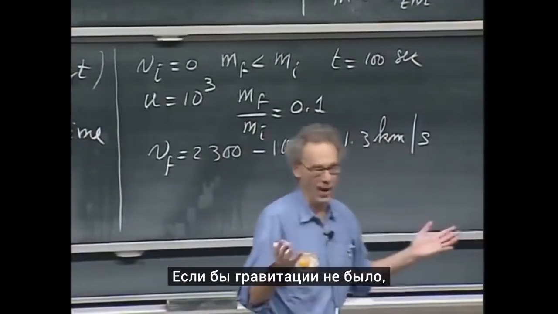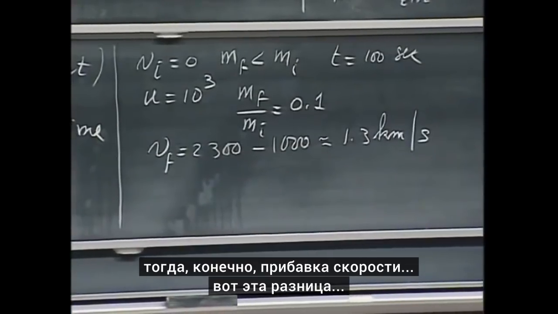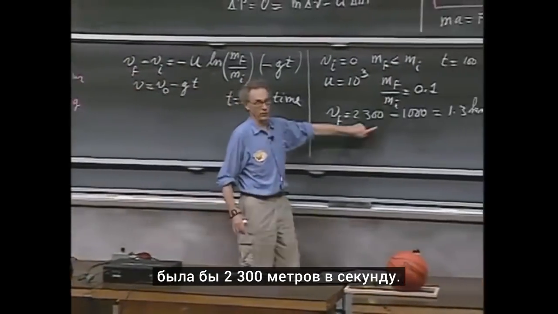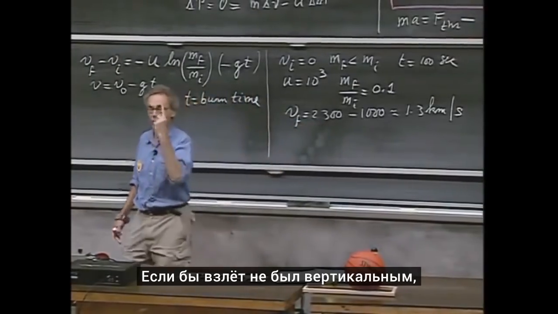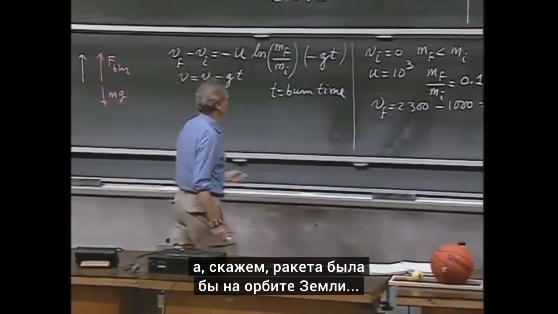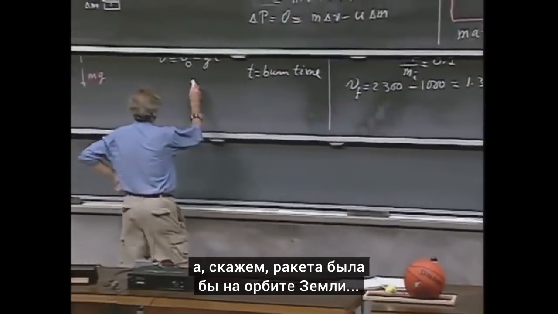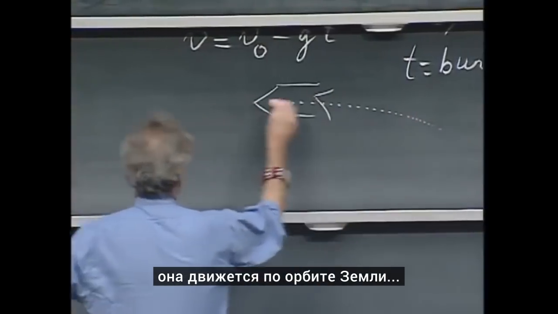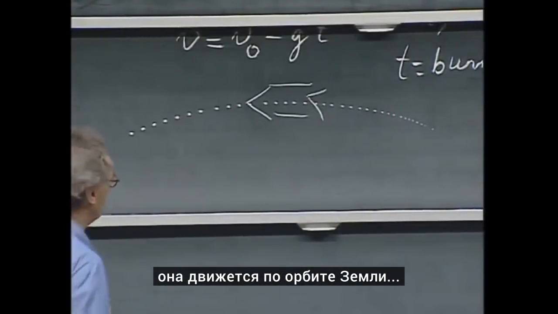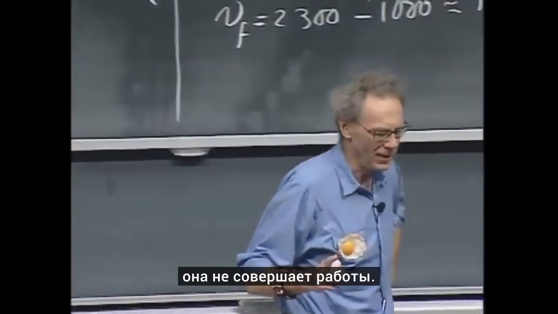Now, if there were no gravity, then of course the gain in speed, this difference, would be 2,300 meters per second. Also, if there is no vertical launch, but if, for instance, the rocket were in orbit around the Earth, here we have the rocket, and it's going in orbit around the Earth, then even though there is gravity, gravity is now not doing any work.